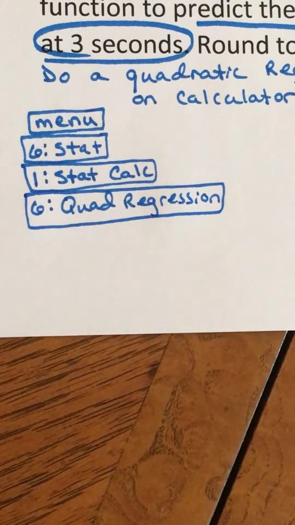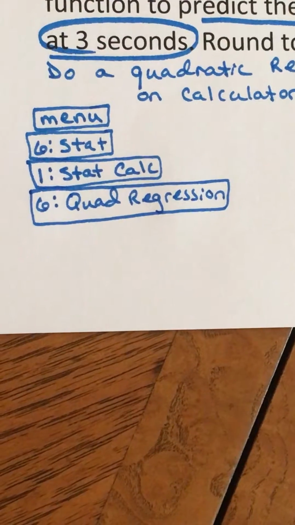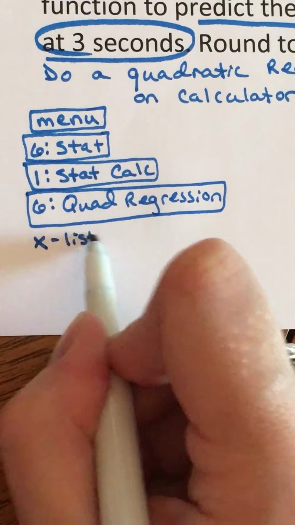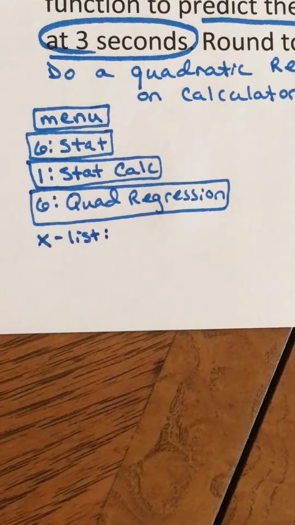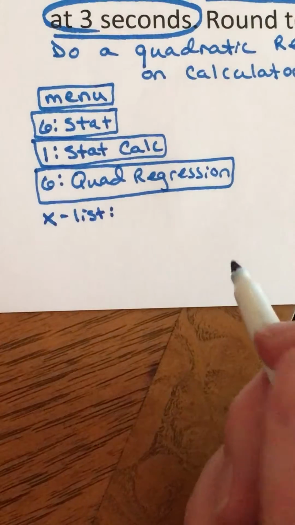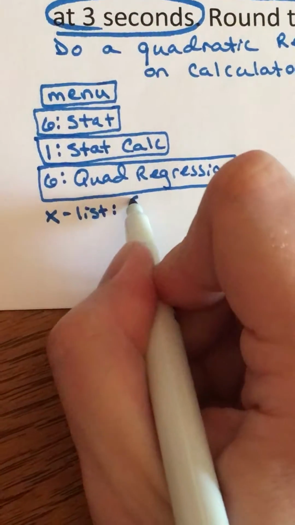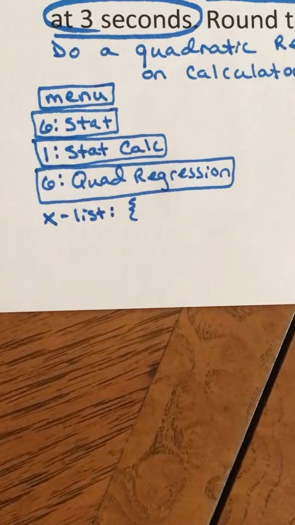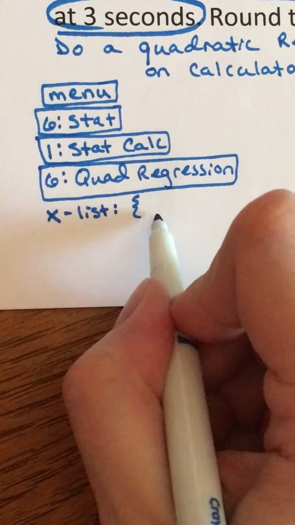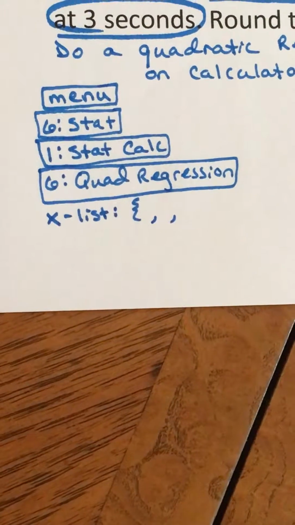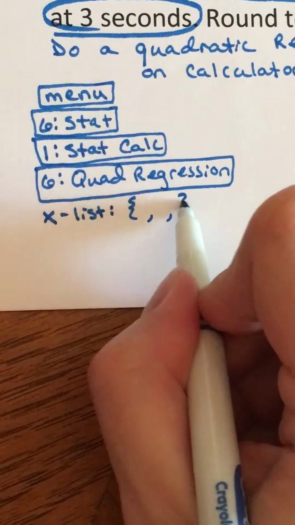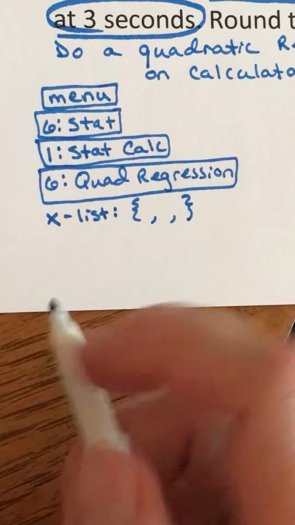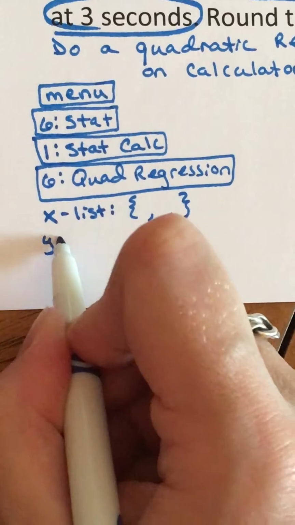And when you push 6 or type 6, it's going to ask you for some lists. And the first list is always the X list. You have to open that using the squiggly wiggly braces, just like the braces on your teeth. Put commas in between each of your numbers, and then close it with another set of squiggly wiggly braces. It will ask you for a Y list.